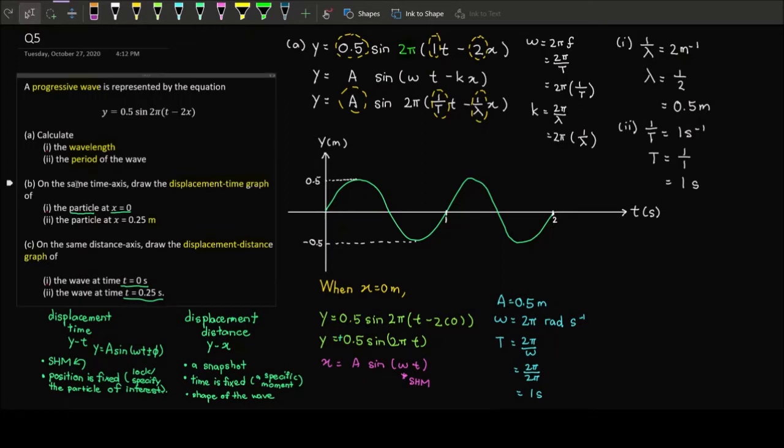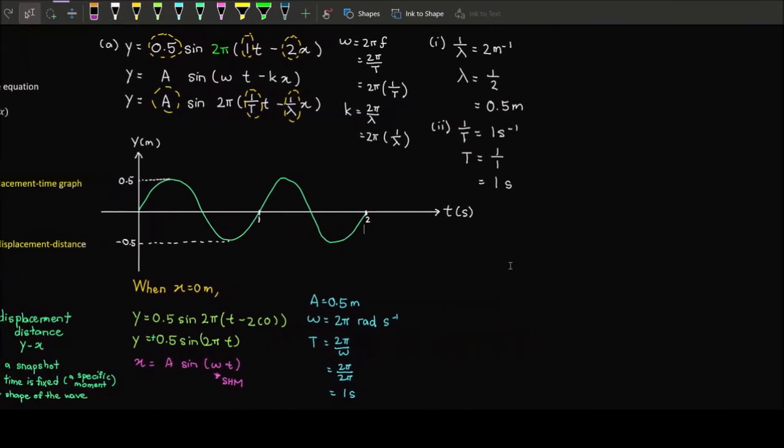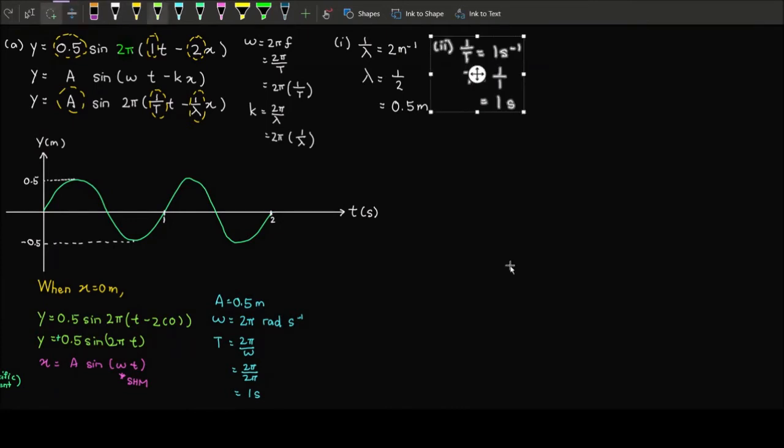Question B2 asks for the particle at x equals to 0.25 meter. I'll need to move this over a little bit. Let me change the layout a bit. So when x equals 0.25 meter, let's write the equation down first.